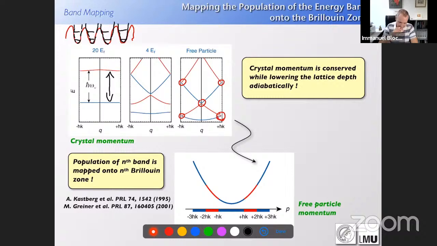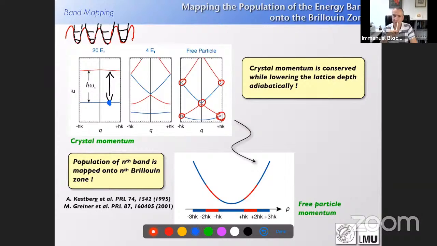All right, so let's imagine now you prepared an atom with a Bloch wave in the band here. Let's say you are in this deep lattice and you prepared an eigenstate of the single particle system with such a quasi-momentum Q, and now you adiabatically lower the lattice depth. So what's going to happen?